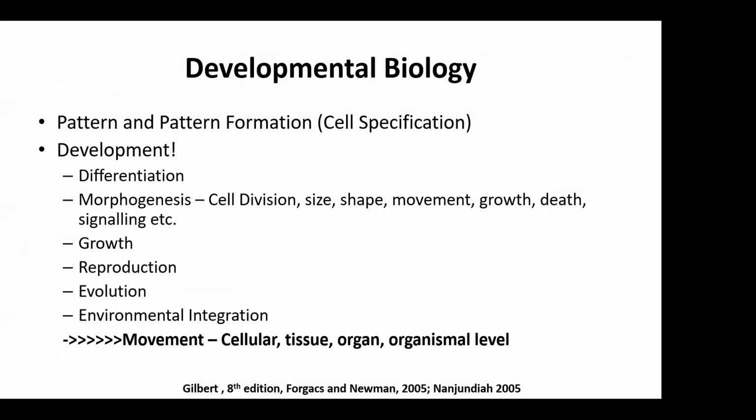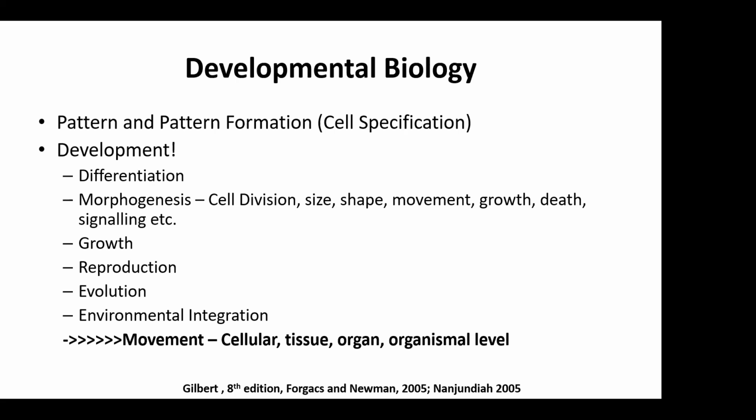So the idea is how the patterns are formed and how the cells differentiate to different lineages. All these are exciting, right? Let's not dwell on it, but what is more important is that this whole process requires movement.